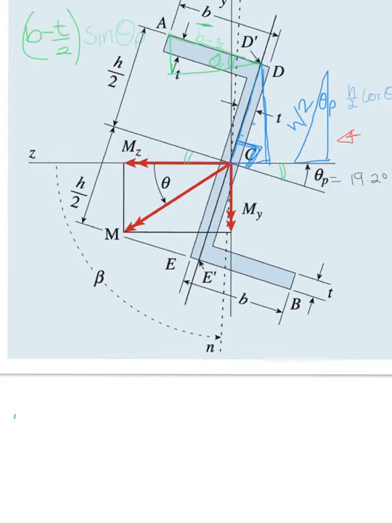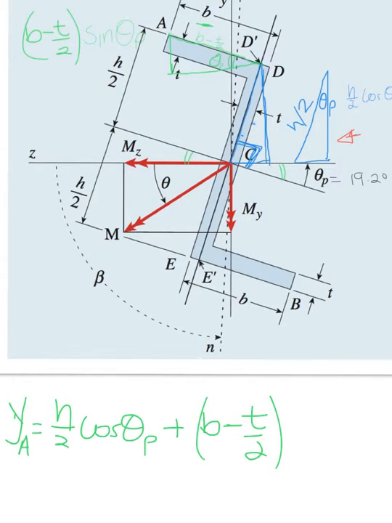It means that we'll say YA is equal to H over 2 the cos of theta P plus B minus T over 2 the sine of theta P. That is the y coordinate of point A, that one there. And that's basically how you calculate it.